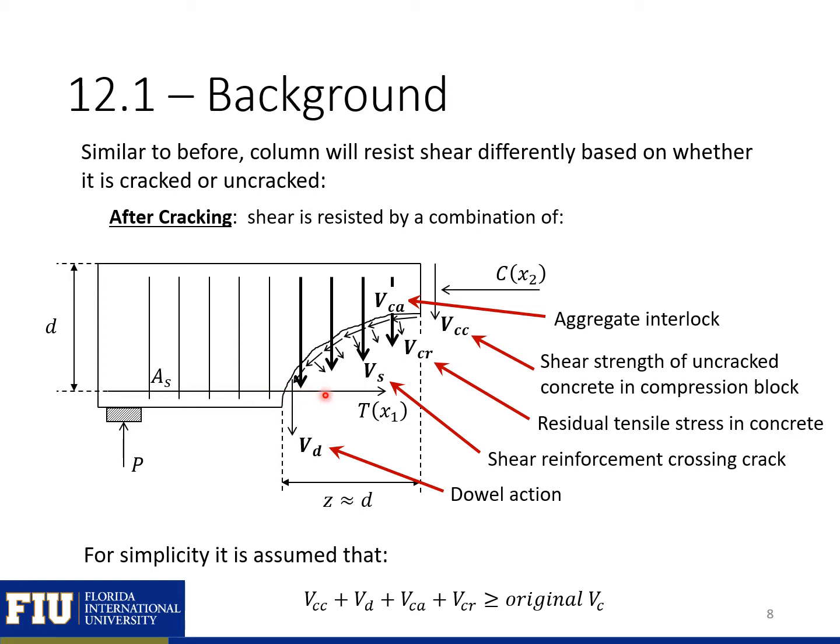As long as you have minimum shear reinforcement provided, we can assume that our after cracking shear contribution from these 4 different components, so not including the shear reinforcement, is greater than the original V_c that we found in the before cracking state. So we'll just use the V_c equation that we saw in a couple slides before to calculate our V_c after cracking as well.